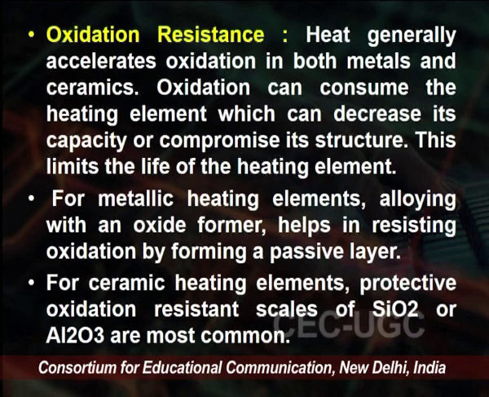For ceramic heating elements, protective oxidation resistant scales of SiO2 or Al2O3 are most common. Means in the ceramic heating, we use silicon oxide and aluminum oxide, and in the metal heating element, alloying with an oxide former helps in resisting oxidation by forming a passive layer. So, for oxidation resistance in both metallic and ceramic heating, we use different elements.